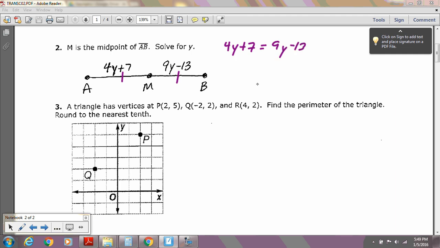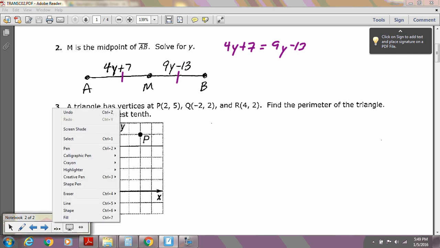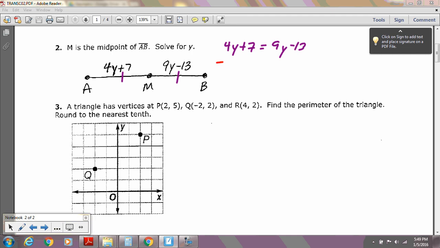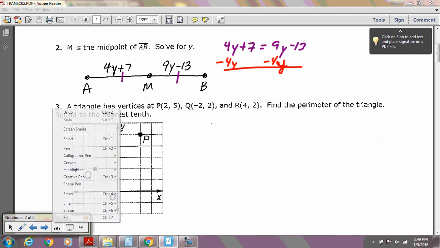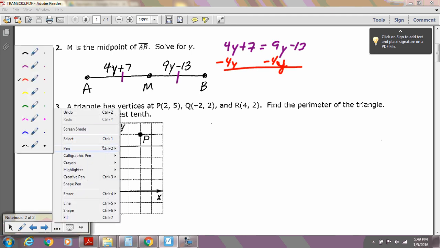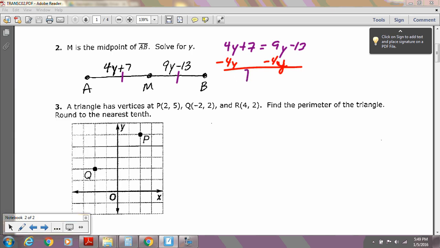To solve for Y, first, I would subtract 4y on both sides, which would leave me with 7 is equal to 5y minus 13.